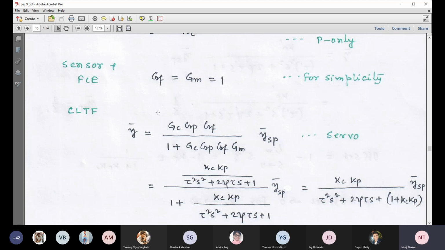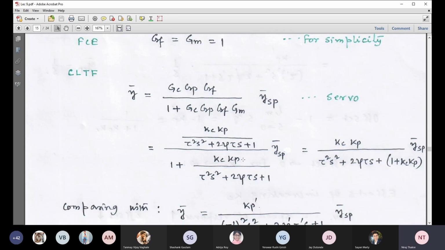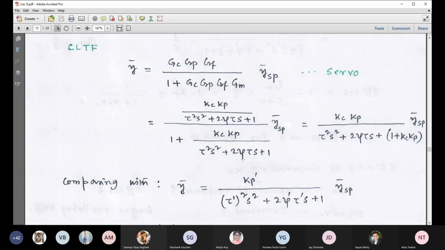This is a standard equation, and we are simply substituting all the individual transfer functions therein. This is the standard closed loop transfer function for the servo case, and here we are just plugging in all the individual transfer functions. Finally, we get this expression.